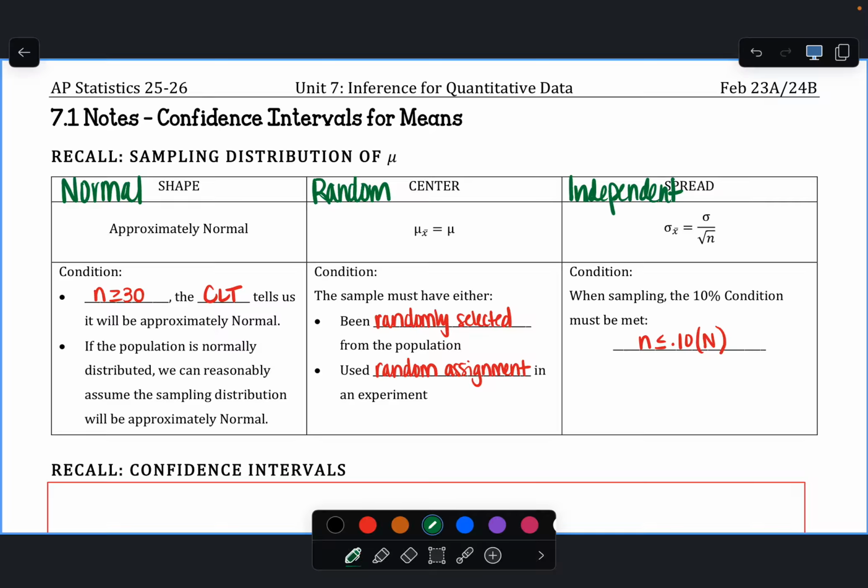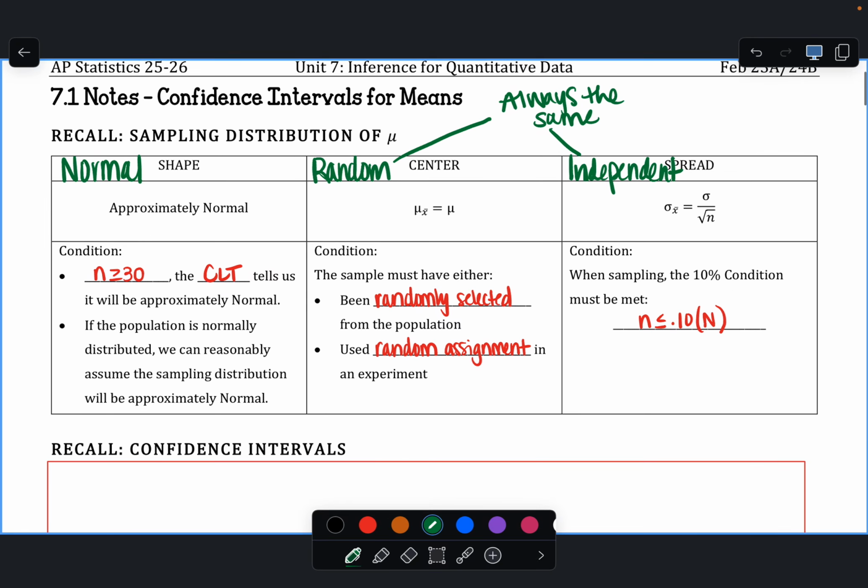Now, the one thing that I will tell you, when you're doing random and independent, these are always the same. No matter what, if you are doing a confidence interval or a hypothesis test, you should always check, is it random, is it independent? Now, that is at least 2 of the 3 things that you have to do. The third one is going to be the one that's slightly different, and that is the normal condition.